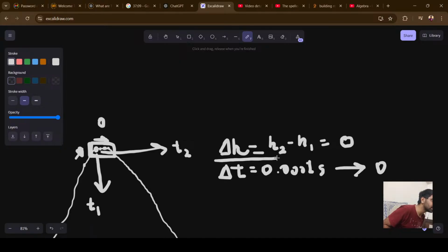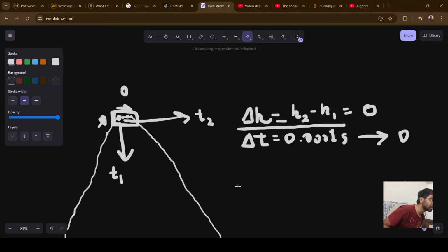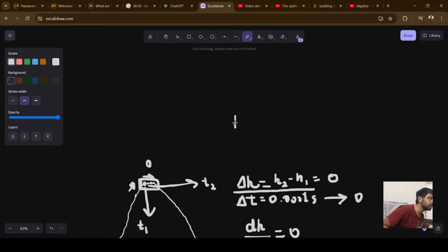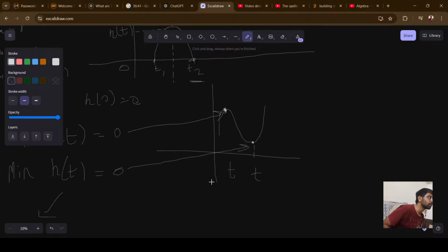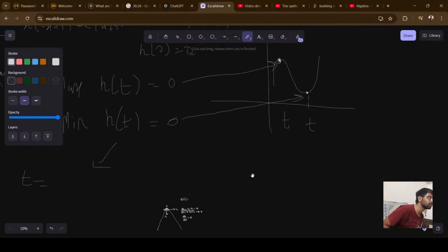So when I do this, I am indirectly telling dh by dt equals 0. And the equation was like h of t. This is the function: h of t equals minus 5t square plus 20t plus 2.